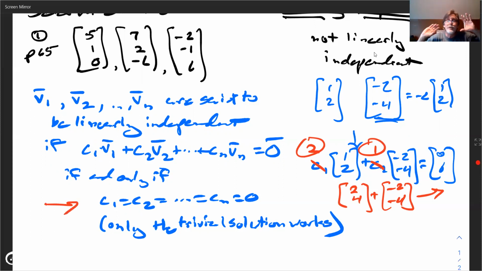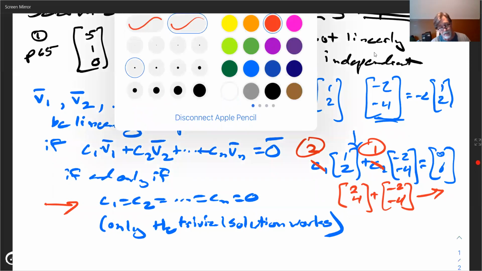In fact, there's an infinite number of ways to come up with those coefficients to make it go to 0. That's an example of linearly dependent vectors. One can be written in terms of the other. Or in this case, number 1 we're about to do, one of the vectors you can write in terms of the other 2. And as you go to R3, R4, the farther you go, it gets a little harder to see, of course.